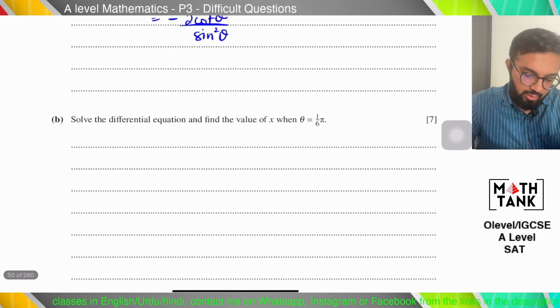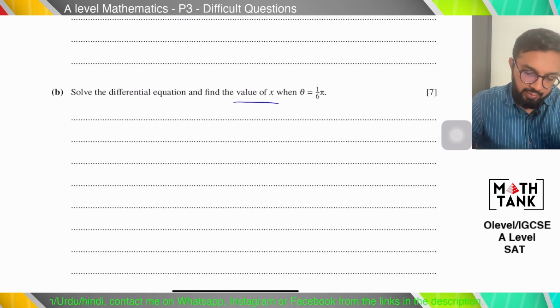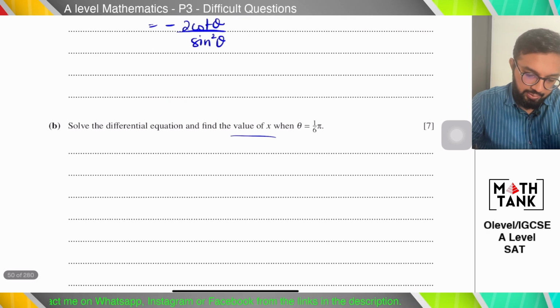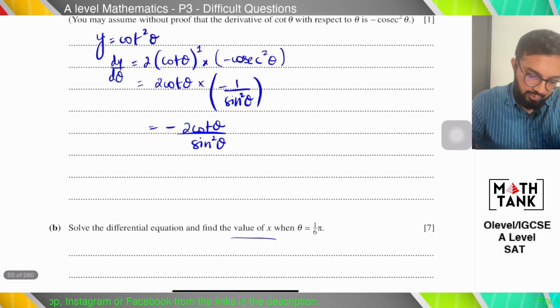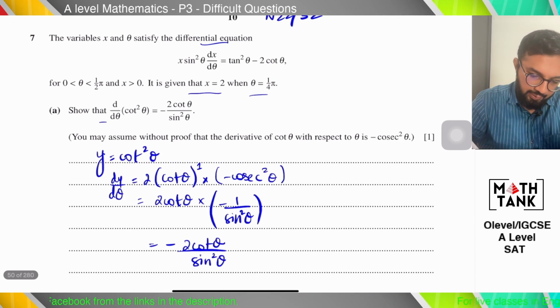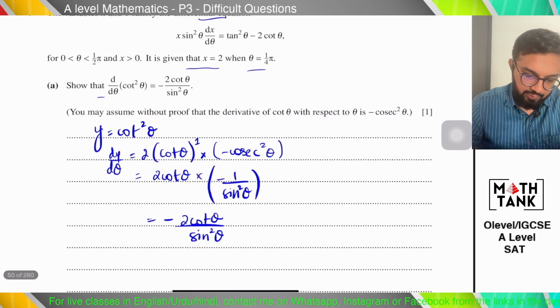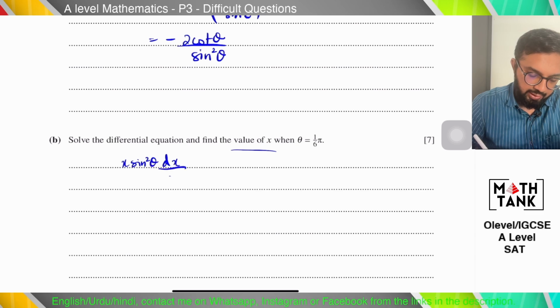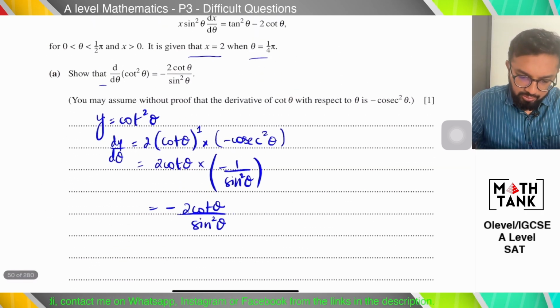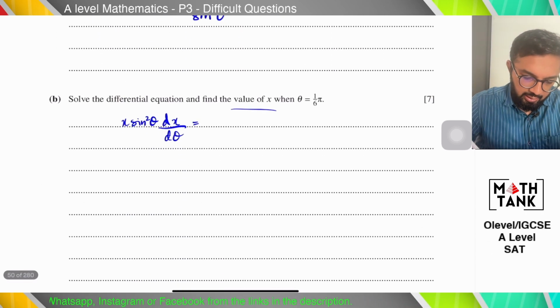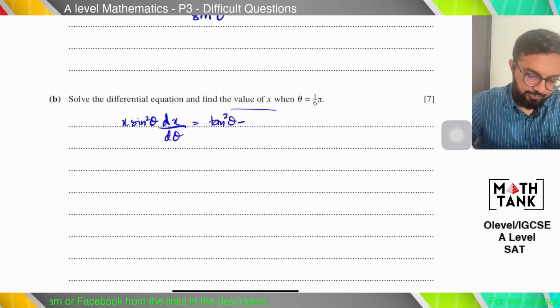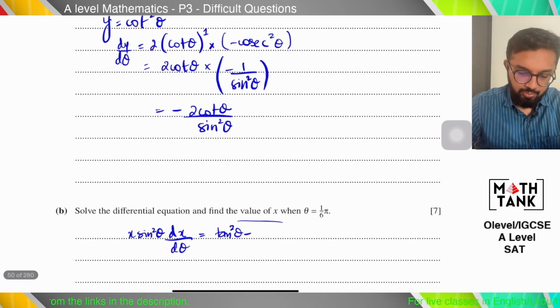Okay, solve the differential equation to find the value of x when theta equals pi over 6. So I have this differential equation here. Let's try that first and then try to integrate that. Now, I can expect that this differential equation will be a lengthy process. I think I have the other page as well, but I'm going to still start writing in a way that is easier for me to do.